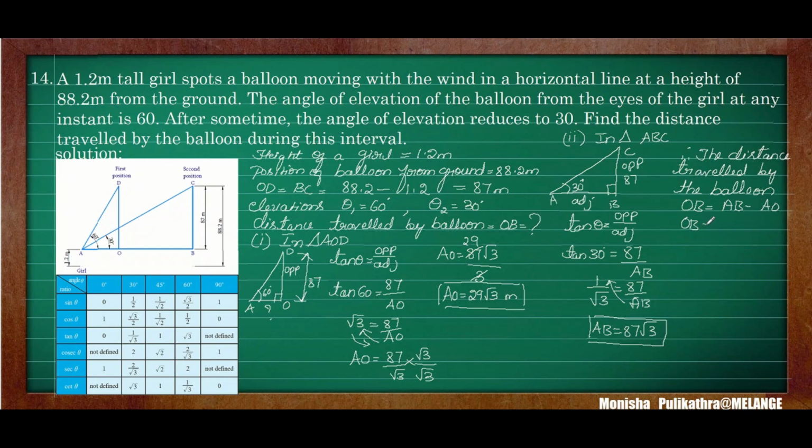So OB is equal to AB, 87 root 3, minus AO, 29 root 3. We can see here root 3 is common. If I take root 3 common, remaining is 87 minus 29. So OB is equal to 87 minus 29 is 58, so 58 root 3 meter. So the distance traveled by the balloon from the first position to the second position is 58 root 3 meter. I hope you understood this.